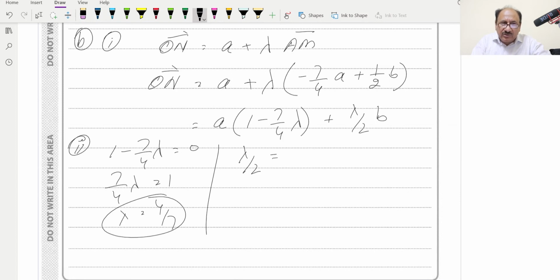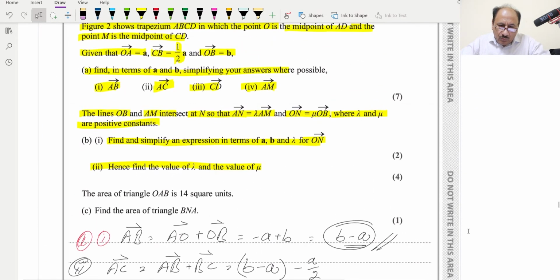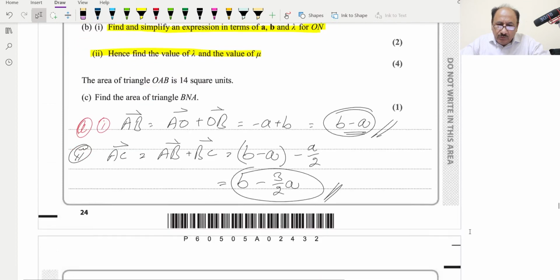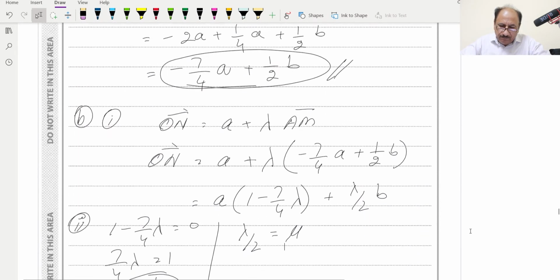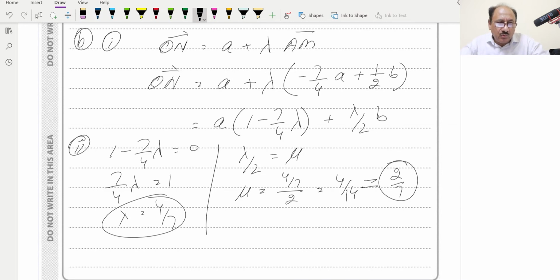Because on is equal to mu ob, that's why we are comparing it and writing it as mu. Mu will be equal to the lambda value we will replace, which is 4 by 7 over 2, which is equal to 4 by 14, and this will be equal to 2 by 7. So mu value is 2 over 7.